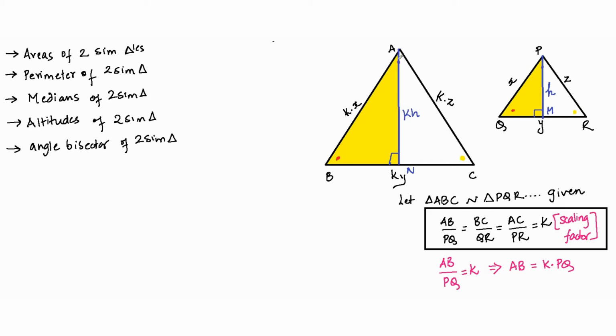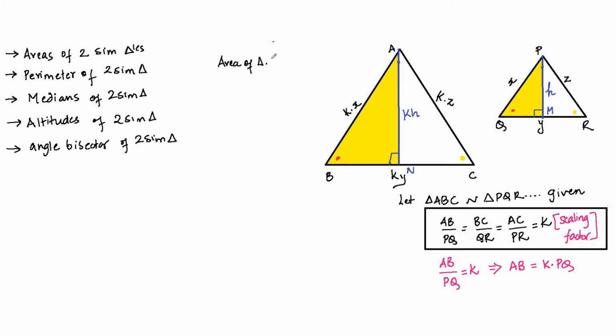And we just now learned that the altitudes also scale by the same factor, right? So if the altitude here is h, then the altitude of triangle ABC becomes K times h. So now if you start finding the area of triangle ABC, we know that the area of a triangle is given by half into base into height. So what is the area of triangle ABC?